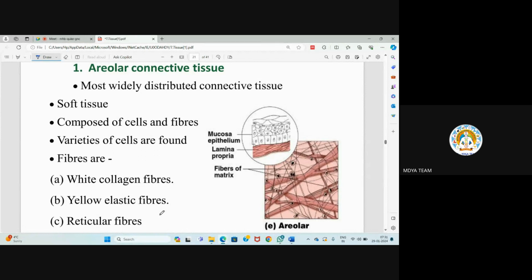That is why in constipation doctors suggest a high fibrous diet, because fibers are not digestible in any way, and they have to come out of the body. That will make a good mass of feces or stool, and that will make defecation easy.